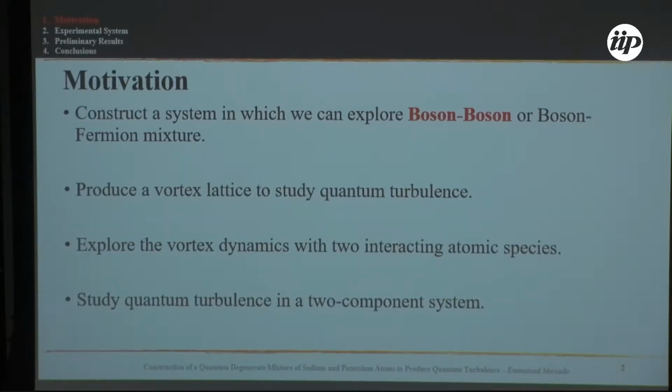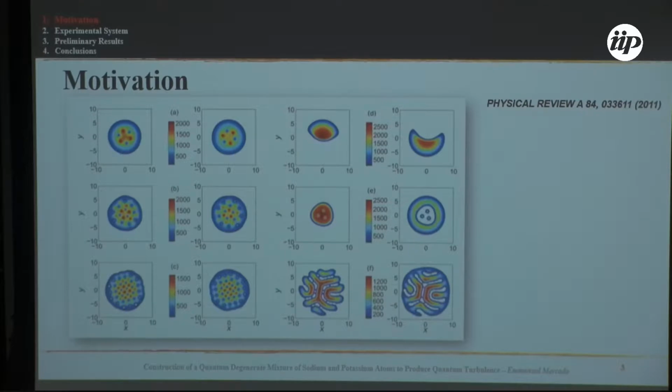So this is what we want to obtain. This is an example from this paper here. In the left column, we have one species, and in the other, we have the second component.